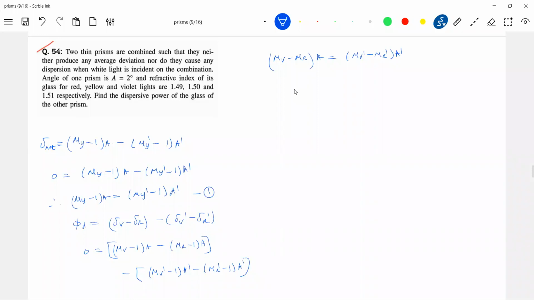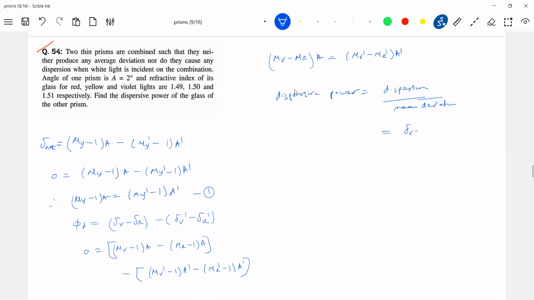What is the dispersive power? Basically, mean dispersion by mean deviation, no? I'll write down the formula. Dispersive power is equal to dispersion by mean deviation.